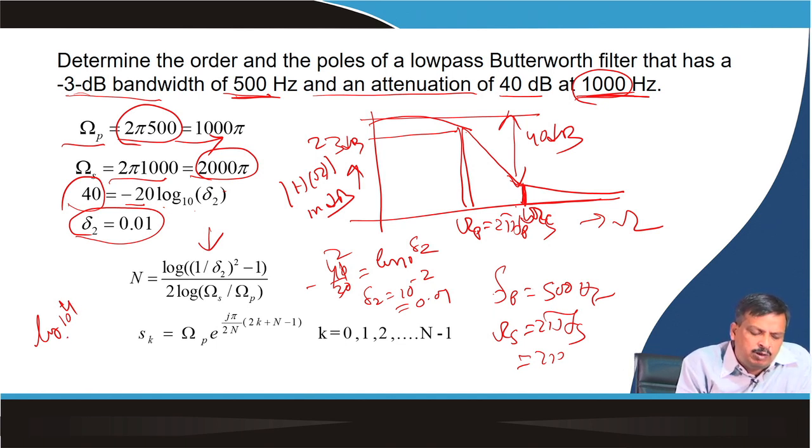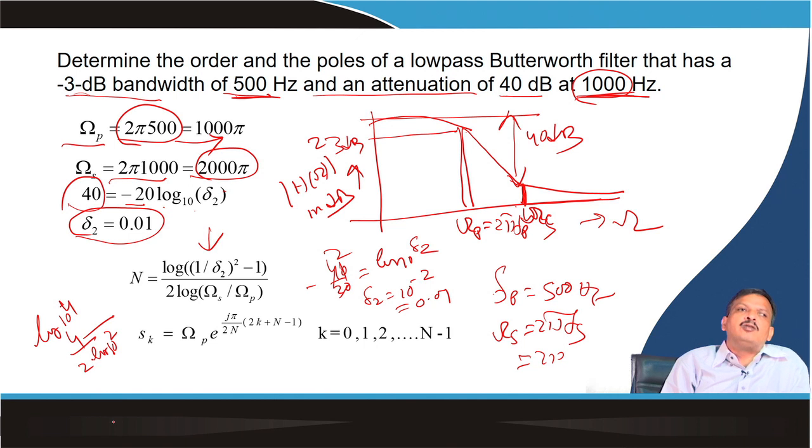So, 4 divided by 2 into log of omega s by omega p, 2000 divided by 1000, log 10 of 2. So, 4 by 2 into log 10 of 2, how much will come you can determine, and let us say this is equivalent to 4. So, n is equal to 4.